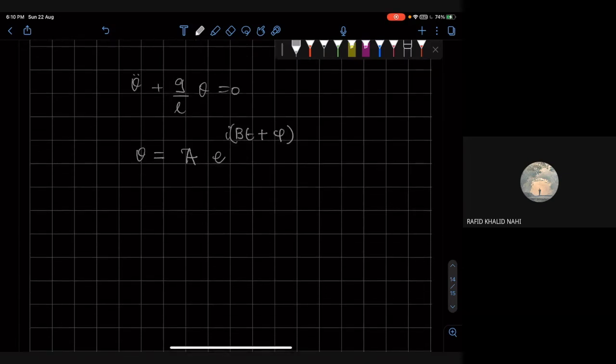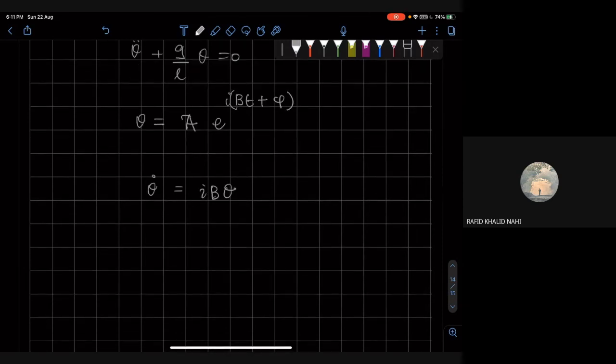So if I take theta dot, I get i b theta, and if I do theta double dot, I get minus b squared theta.